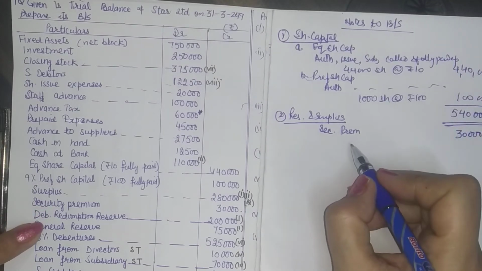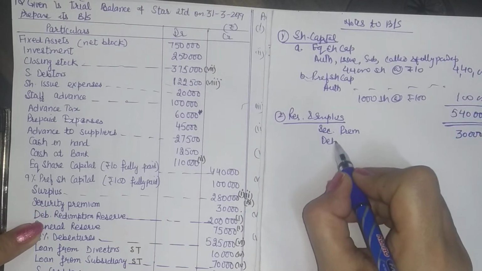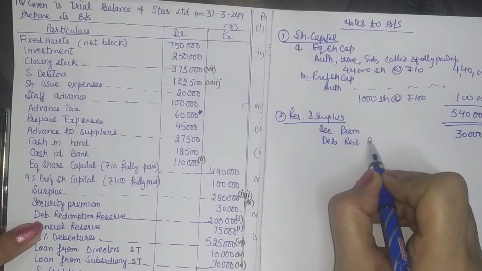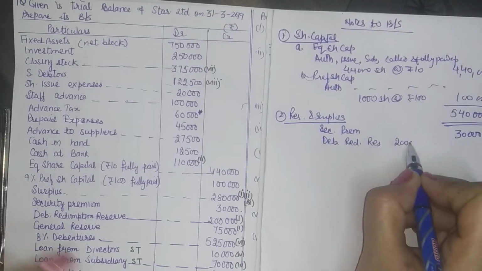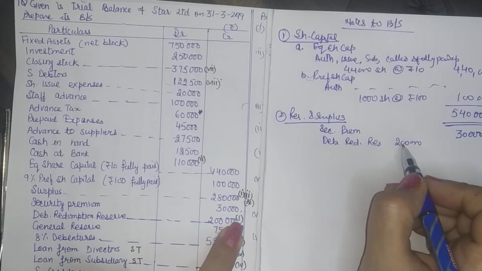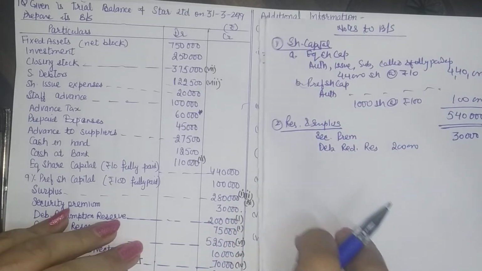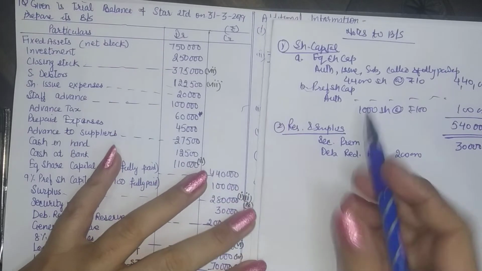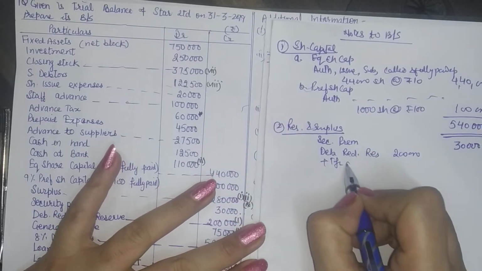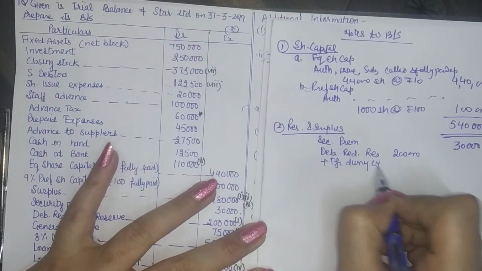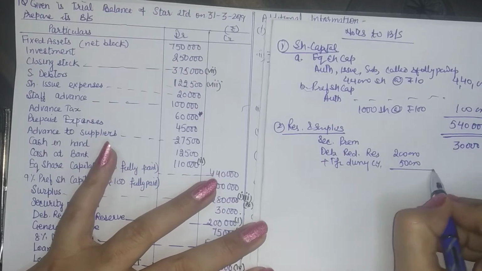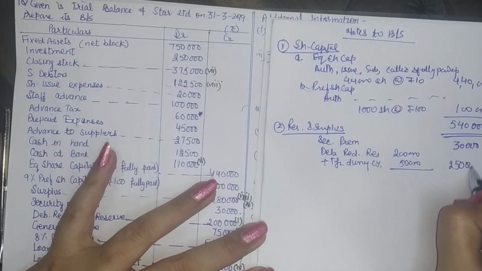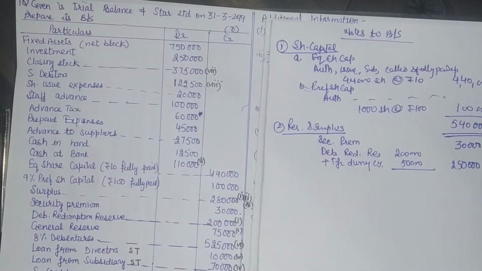Then you have debenture redemption reserve 2 lakh, but we have an adjustment. What was that? It was transfer to debenture redemption reserve 50,000 plus transfers during the current year 50,000. That is why it is very important to put marks for all the additional information.